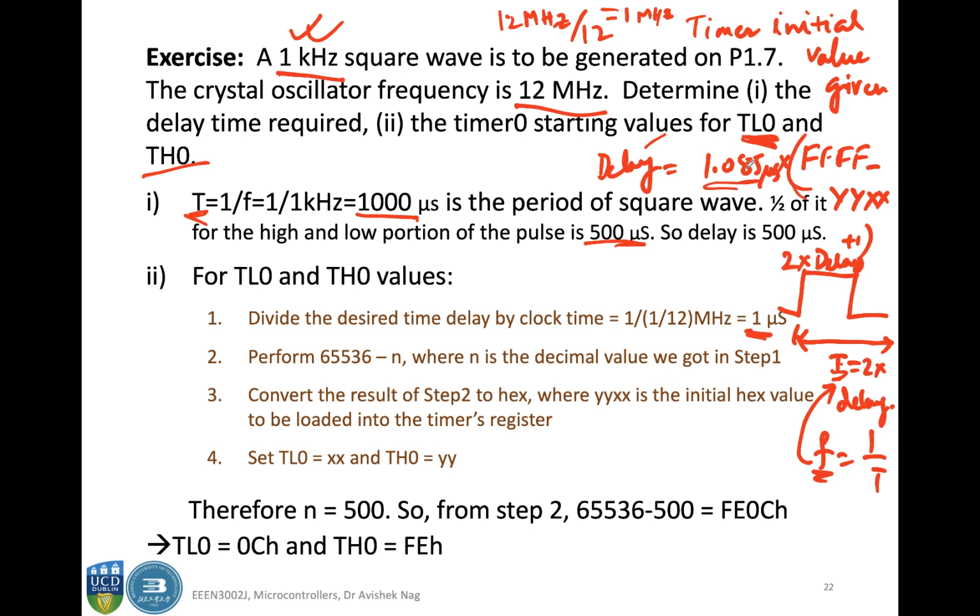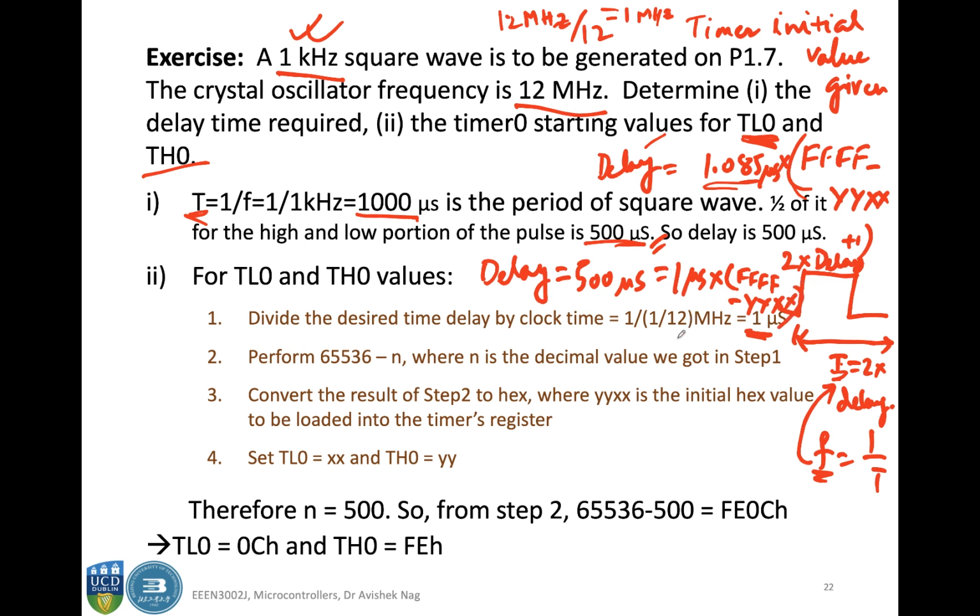So instead of 1.085 as in the previous example, we have 1 for this example. The delay is then 500 microseconds, as you worked out, which is 1 microsecond times FFFF minus YYXX.